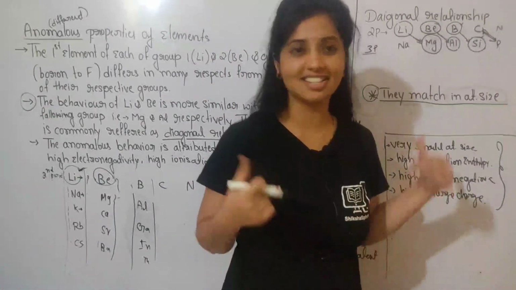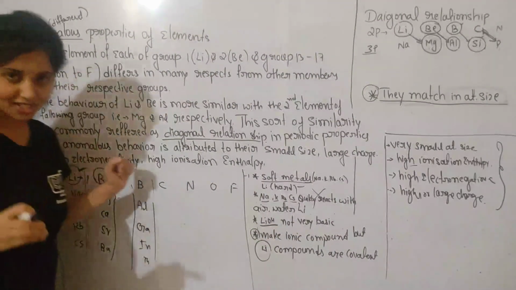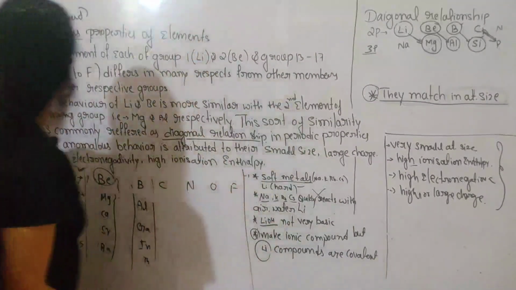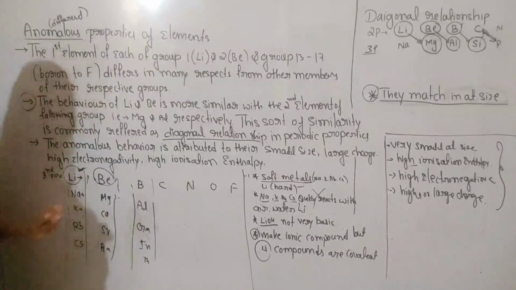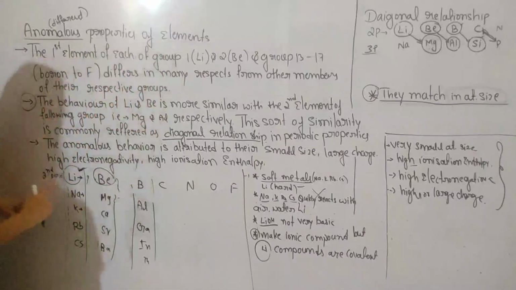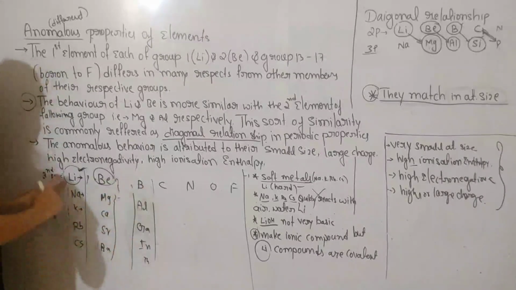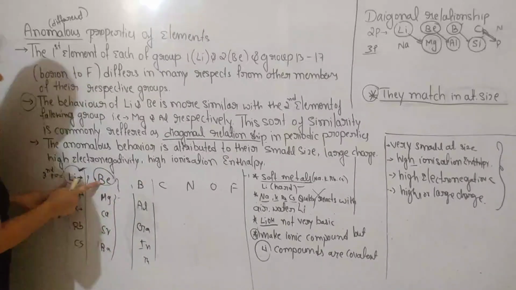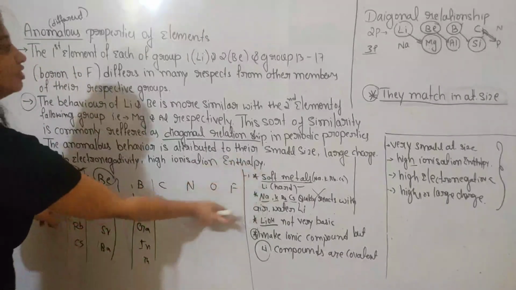Now I wish to summarize this video through these points. Just observe and remember these anomalous or different properties of elements. The first element of each group: lithium, beryllium and boron, carbon, nitrogen, oxygen and fluorine.